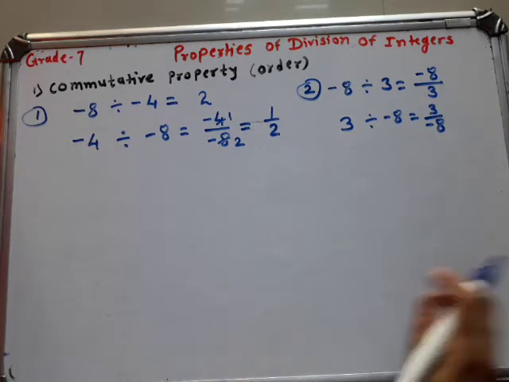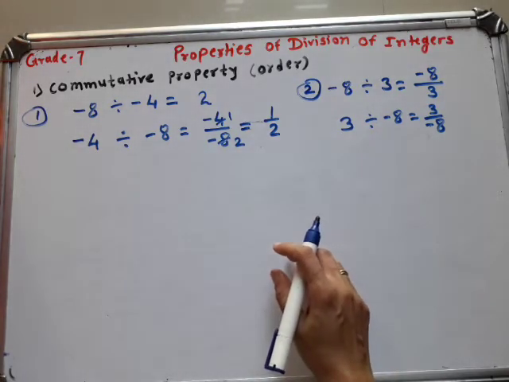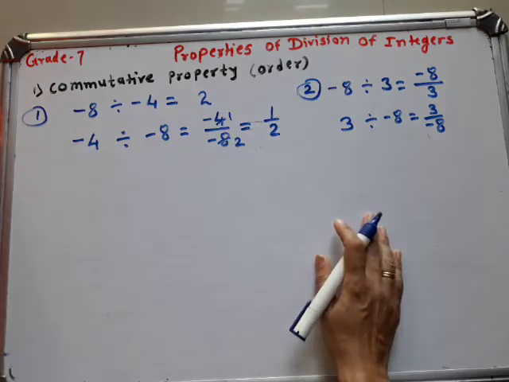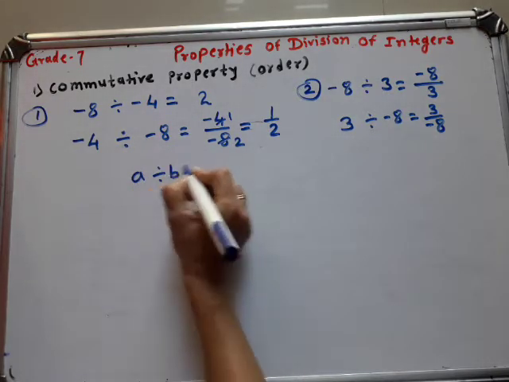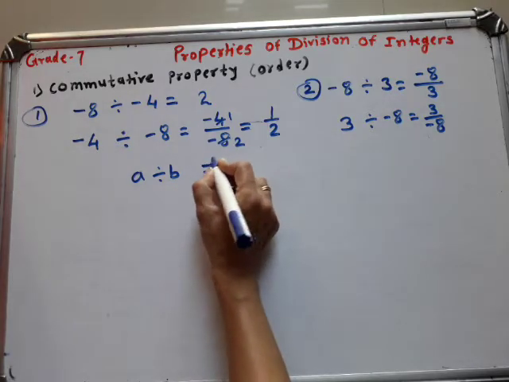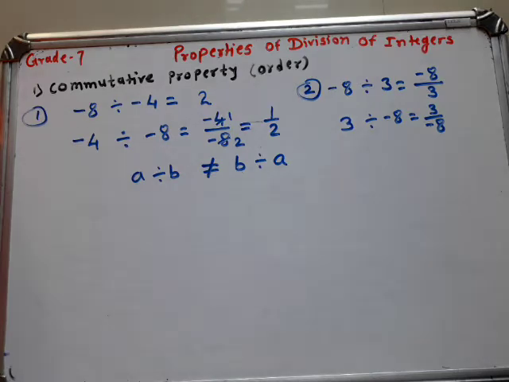So the commutative property does not hold true for division of integers. You write here: a divided by b is not equal to b divided by a. This is your first property.